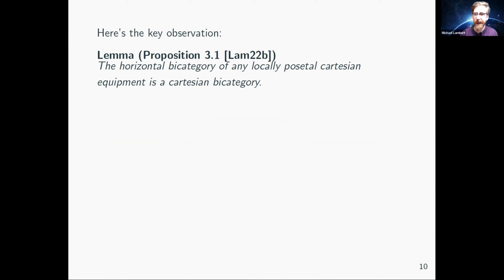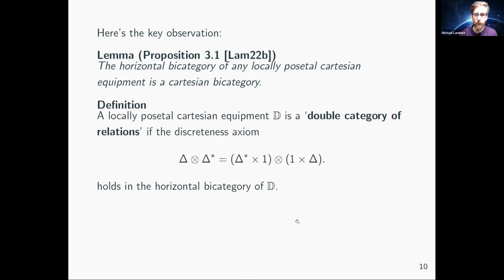It's a little fiddly, but not impossibly hard. But the point is that this just motivates a definition, right? That a locally posetal Cartesian equipment is a double category of relations if this discreteness axiom holds in the horizontal bicategory of the Cartesian equipment.